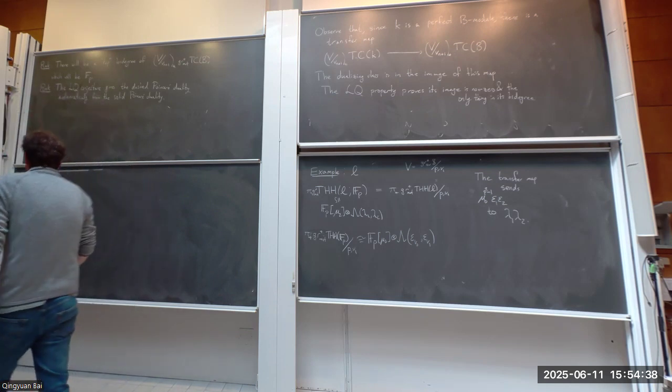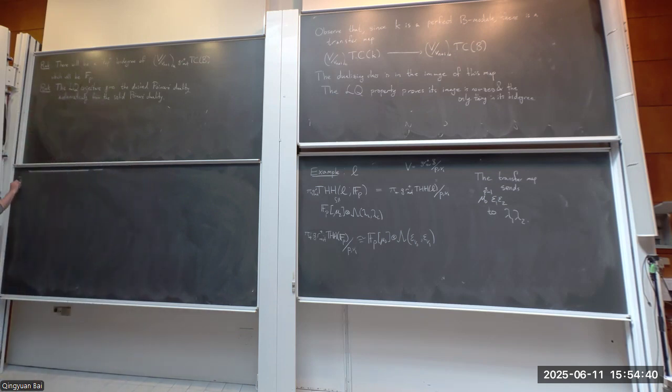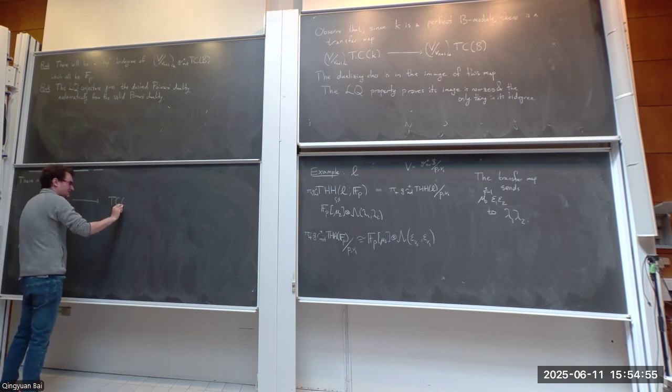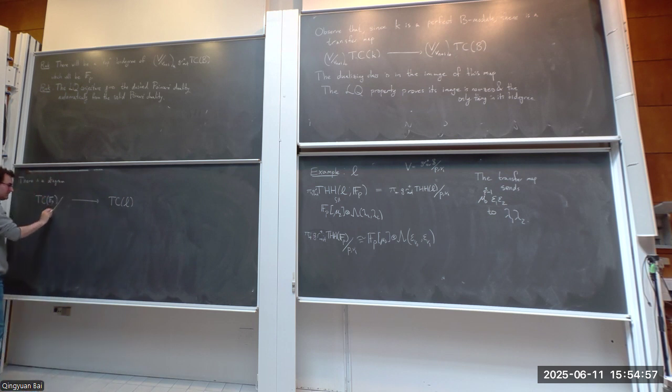There's a diagram. The TC of FP. And that transfers to the TC of L mod out by P, V1 and V2.